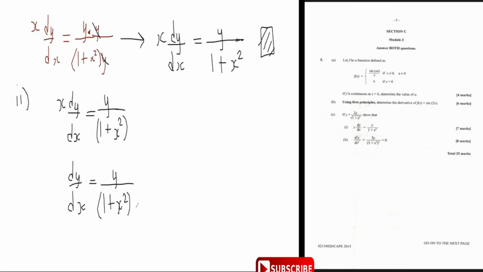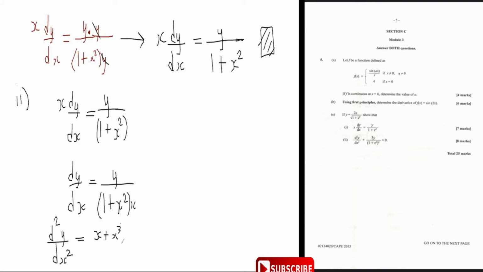That's dy by dx. So now from this, I can go ahead and find the second derivative. I'm going to use the quotient rule. So d2y by dx squared is equal to, start with the bottom. The bottom is 1 plus x squared times x, which is x plus x cubed.